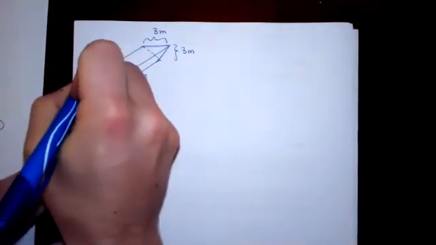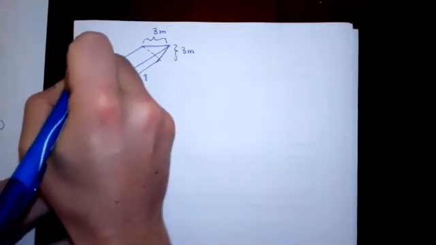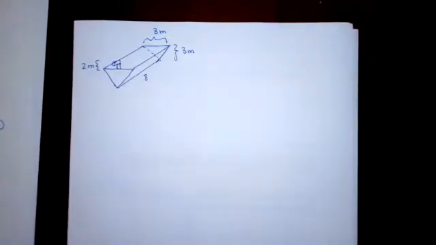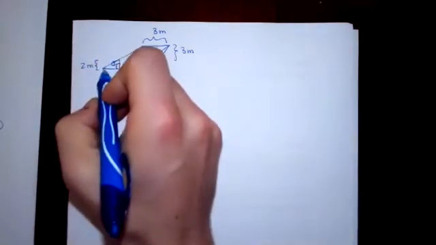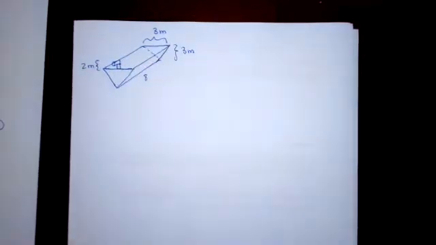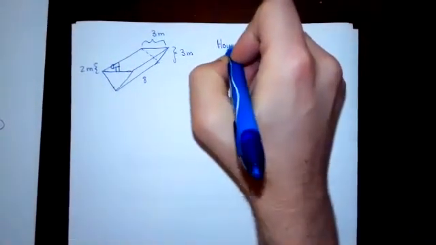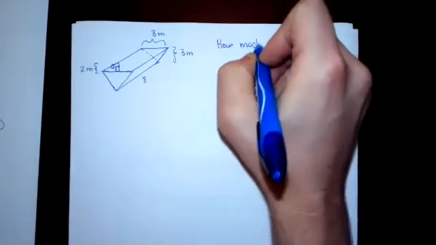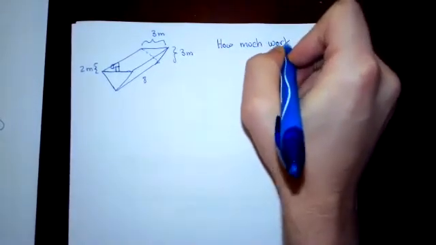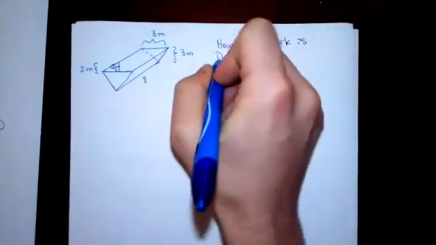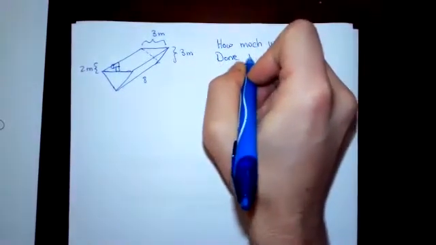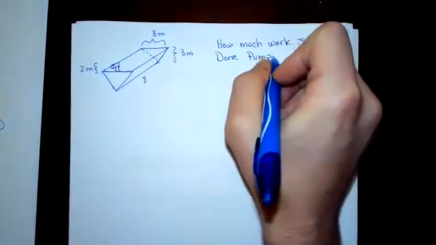The top, this little spigot that comes out of it, is 2 meters high. It's filled with water up to the top, and we want to know how much work is done pumping the water out.